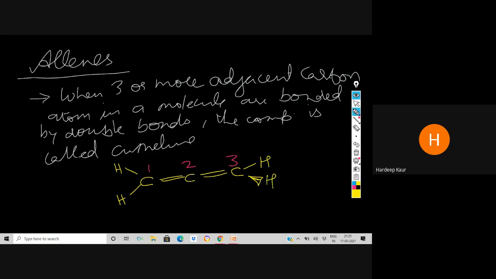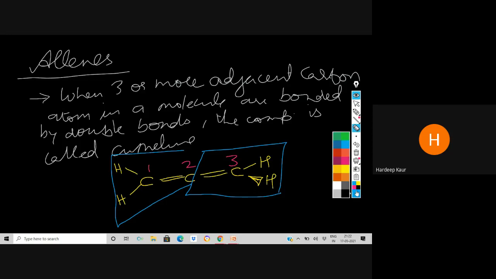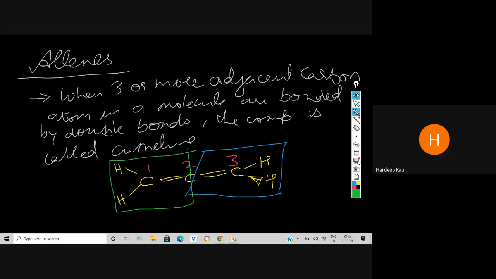So if this is the one plane, suppose this is the plane of paper, then the second plane must be oriented in such a way that it is exactly perpendicular to the first plane, which we have represented like this. So let us draw the second plane again. So this plane is exactly perpendicular to the blue one.